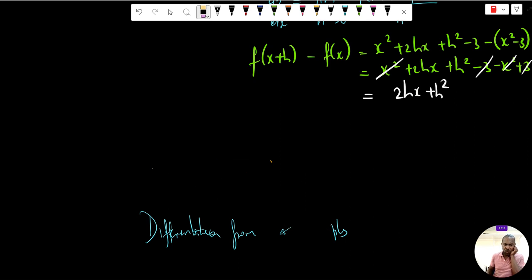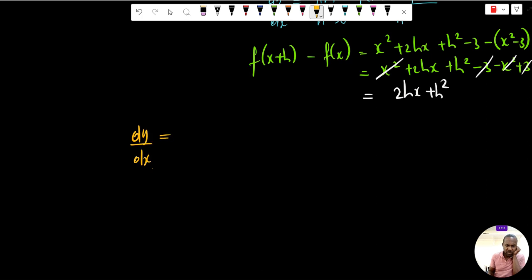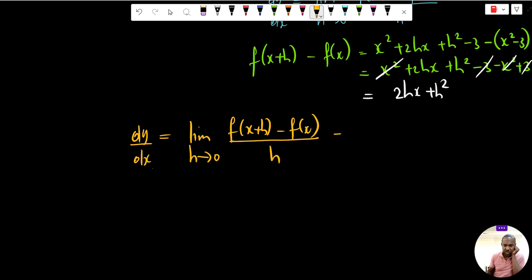So therefore f of x plus h minus f of x is equal to 2hx plus h squared. So now we can apply the limit, and so we can say that dy by dx is equal to the limit as h approaches 0 of f of x plus h minus f of x all over h. And so this gives us the limit as h approaches 0 of 2hx plus h squared all over h.